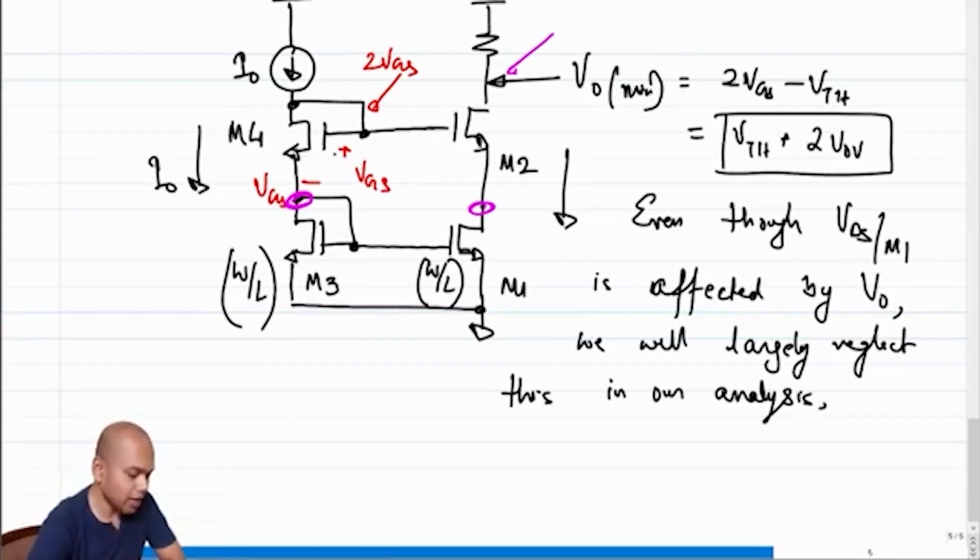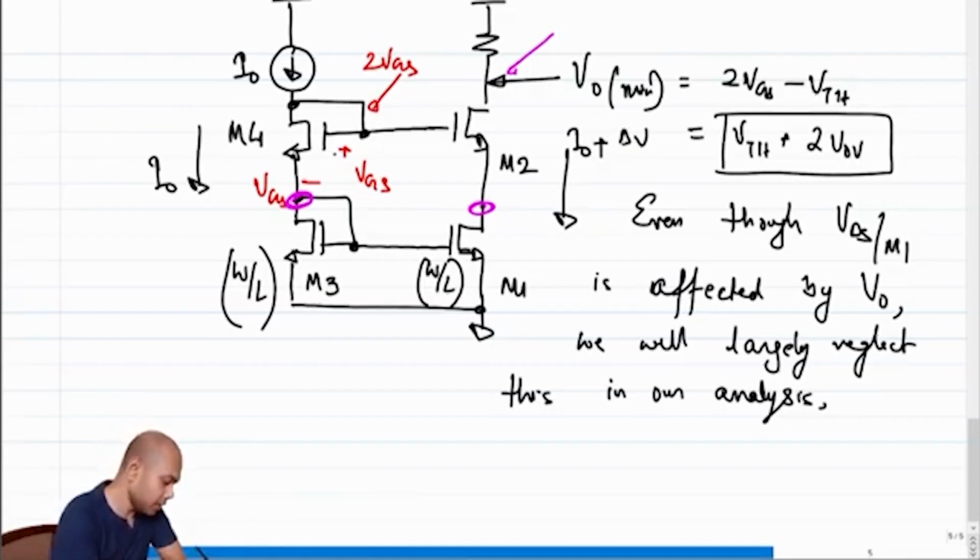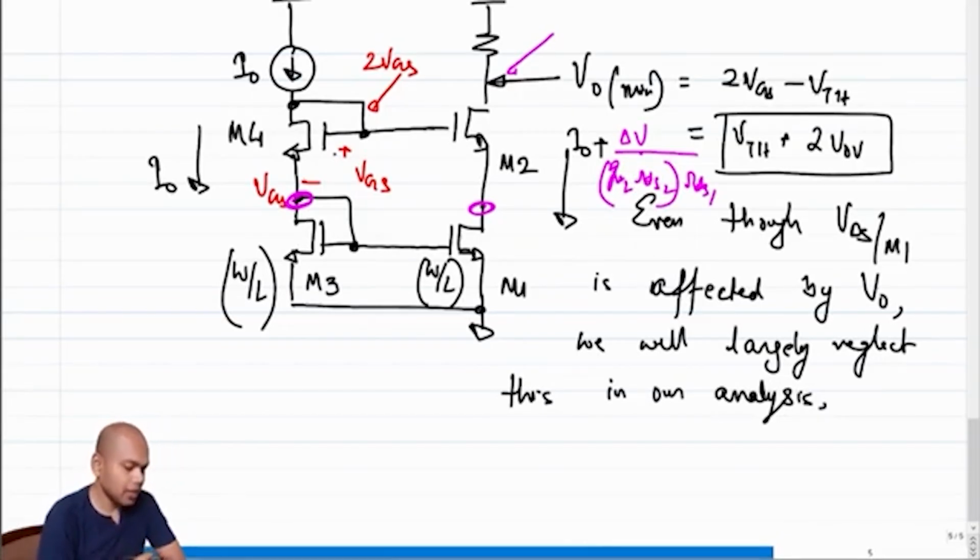But if we had to calculate, we can still do that because we know the incremental current, right? So what will be the incremental current? The incremental current here will be I naught plus whatever delta V I have at the output divided by the incremental output resistance looking into the drain of M2. That is clearly gm2 rds2 times rds1, right? So what will be the change in voltage here?